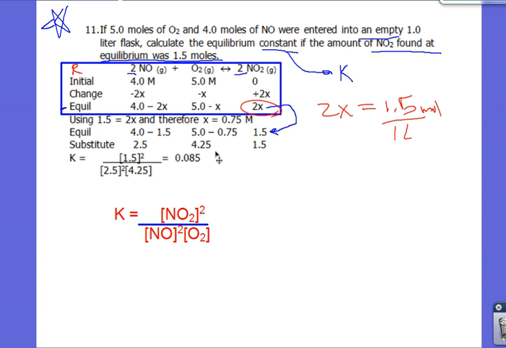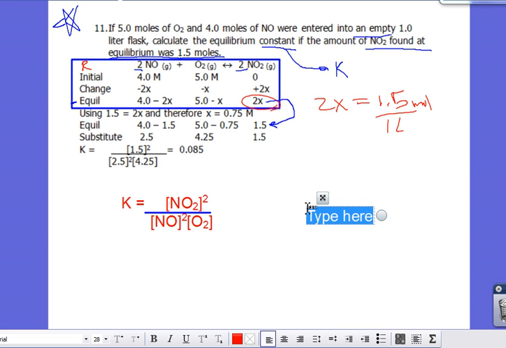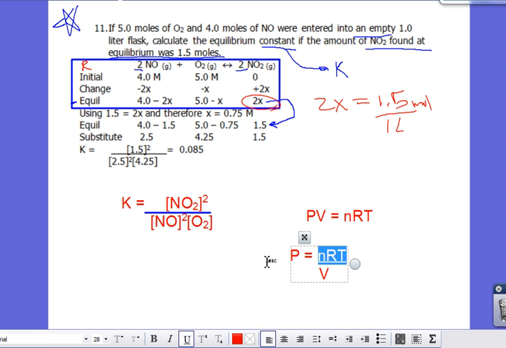Molarity is moles divided by volume. PV equals nRT, therefore P equals nRT over V. Moles divided by volume, that's molarity. Molarity times R times T is pressure.